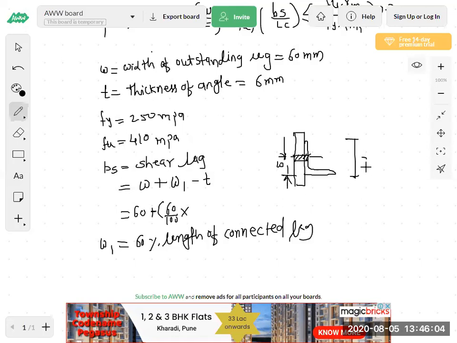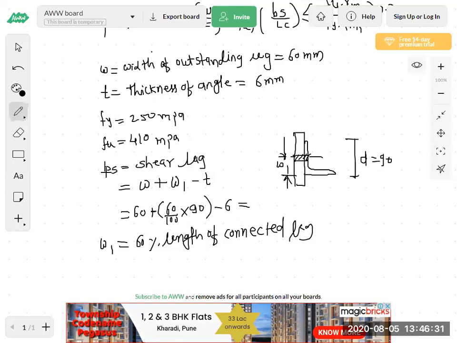This length is D. So W1 is 60% of the connected leg. The connected leg length is 90 mm. So 60% of 90. Are you getting here? 60% of 90, minus T, the thickness, is 6.